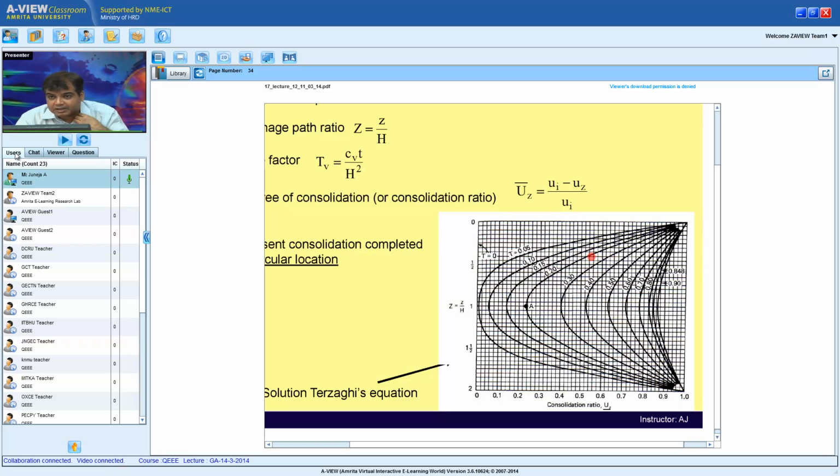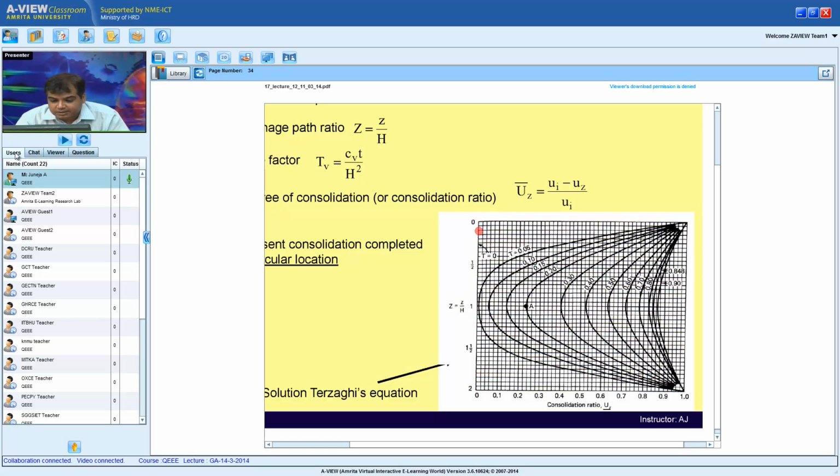Remember, this figure is only valid for any point, not for the entire layer. So when you look at this figure, it shows at what point how much of consolidation is over. From 0 to 1, the first is a straight line over here. Immediately when consolidation starts, the top is the drainage boundary, the bottom is the drainage boundary. So when T is 0, excess pore pressure is 100%, so it belongs to line 1.